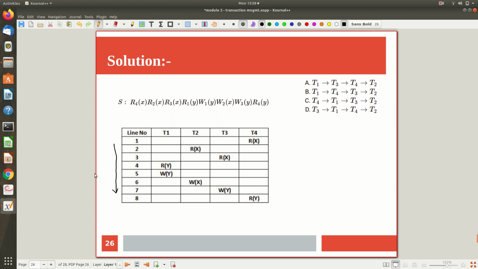This is the timeline that shows the order in which the individual operations of the transactions are executed in this schedule. It started with the read operation on transaction number 4, followed by a read operation on transaction number 2. Then transaction number 3 read, then transaction number 1 read operation, transaction 1 itself write operation, transaction number 2 write operation, then transaction 3 write operation.